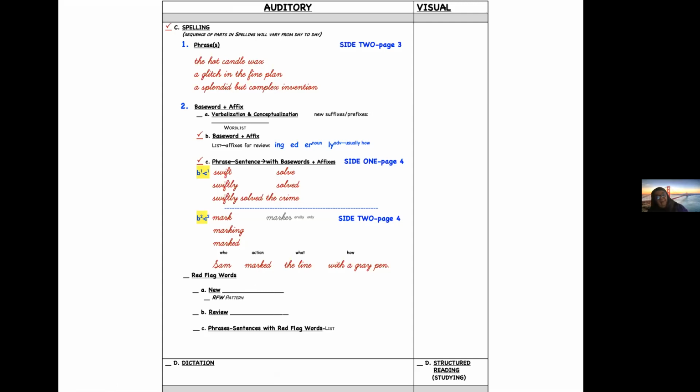And I hope that's going to reduce the cognitive load and help them to remember the sentence. I still might divide it into phrases, but I wouldn't do it word by word. So "Sam marked" makes sense. It might just be "the line", or it could be "the line with a gray pen".